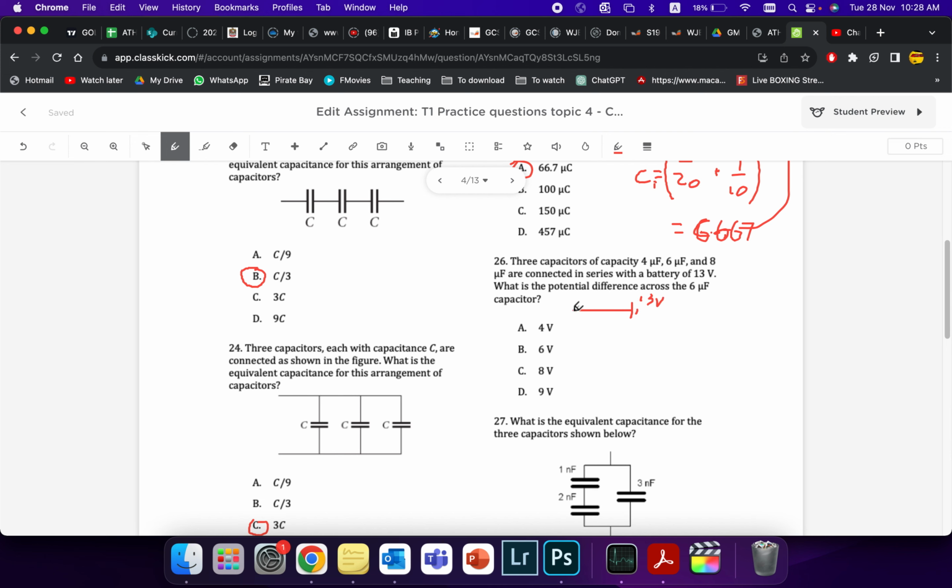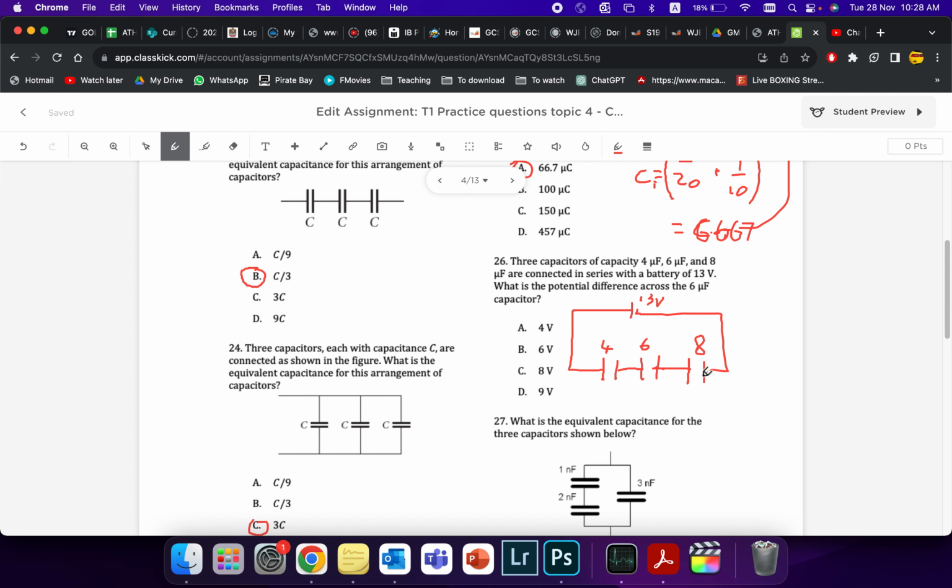I can calculate each one. So what I'm going to do, this is the first one, and then this is the second one, and this is the third one. I tried twice to fix that line. I failed both times. Okay, here we go. So now we have 4 micro, we have 6 micro, and we have 8 micro.